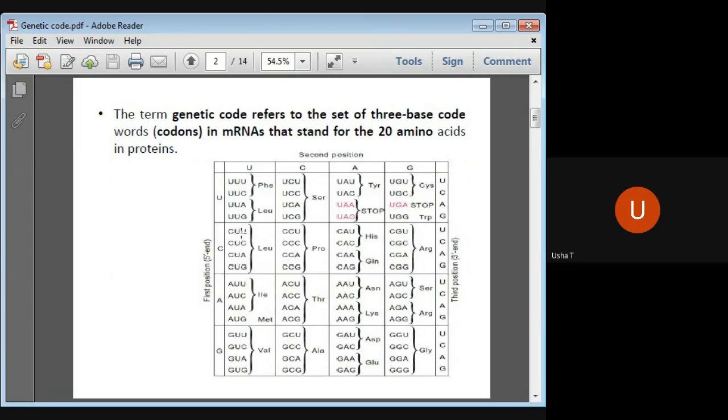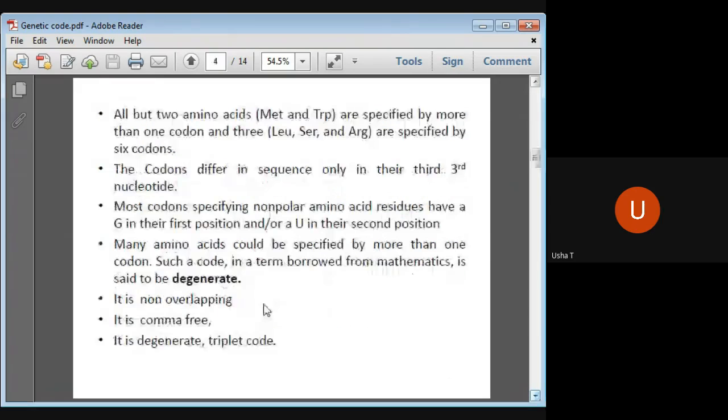So there are six codons which are coding for the same amino acid leucine. So there are a few amino acids which are coded by more than two codons, like your leucine and serine and arginine.